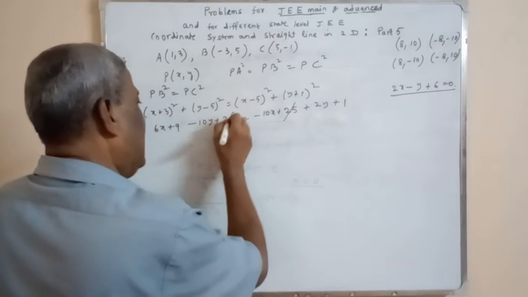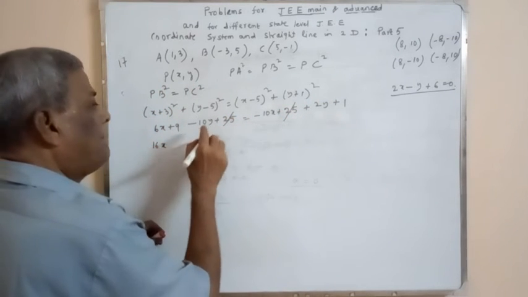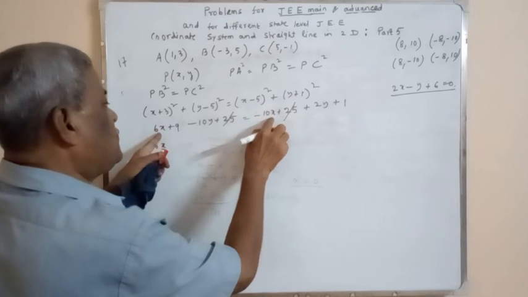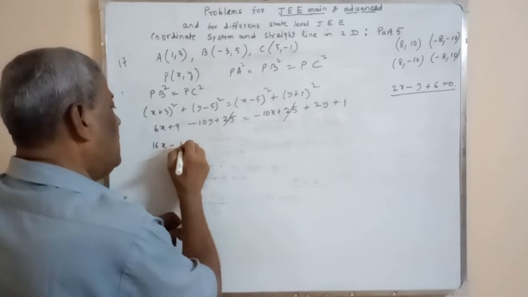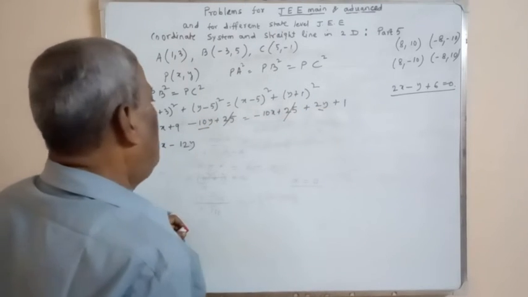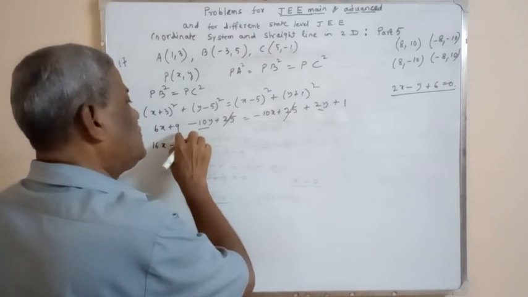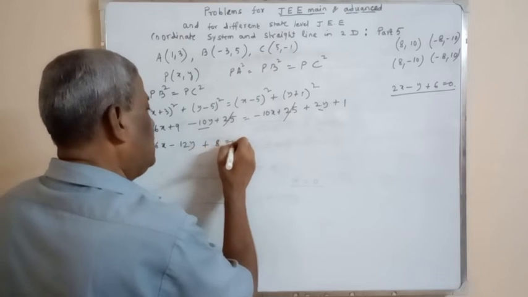Now 25 cancels, so that 16x and minus 12y, this and that, plus here is 9, there is 1, plus 8 is equal to 0.